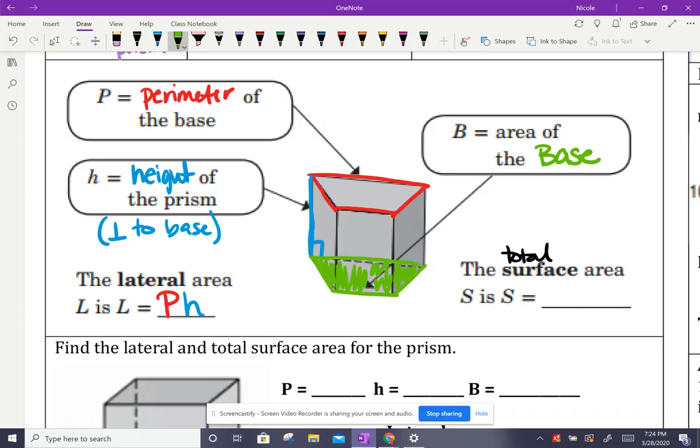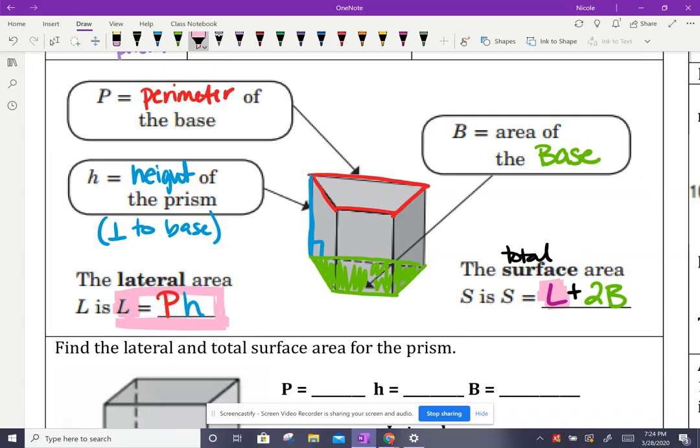All that space in there. So our total surface area, the entire thing all together, is going to be that lateral area plus 2 times the base. So we're going to take 2 of the bases and add them to the lateral surface area.